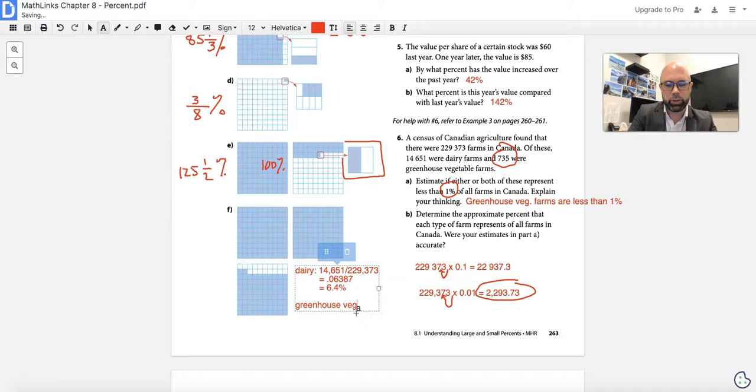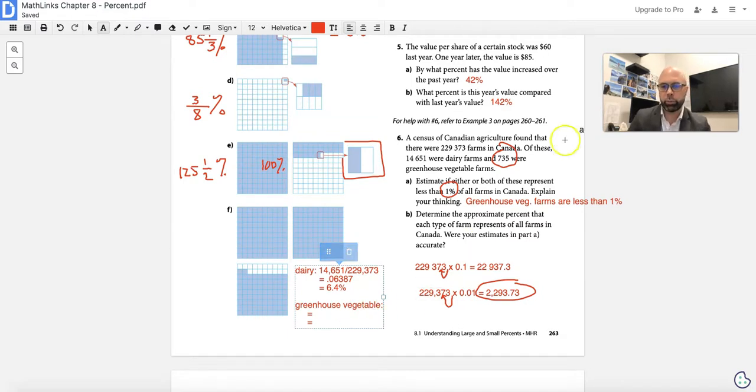Anyway, greenhouse vegetable farms. These are going to equal. No, tab doesn't work. That's unfortunate. Okay, so let me take another shot at the estimating. Greenhouse vegetable, 735.